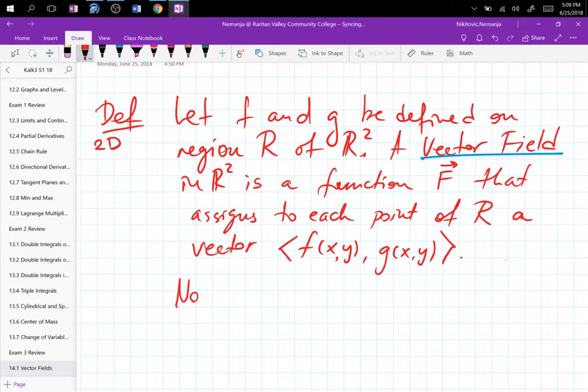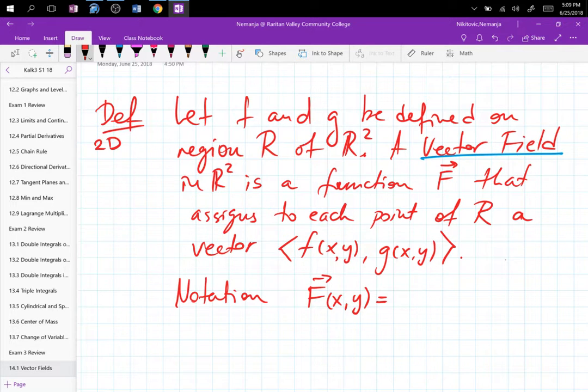Notation: vector F with the arrow on top. Now in the textbook, obviously they are going to use bold, because they have put all of the vectors in bold. Now your vectors from previous chapters were all lowercase and bold. Vector field is going to be uppercase and bold.